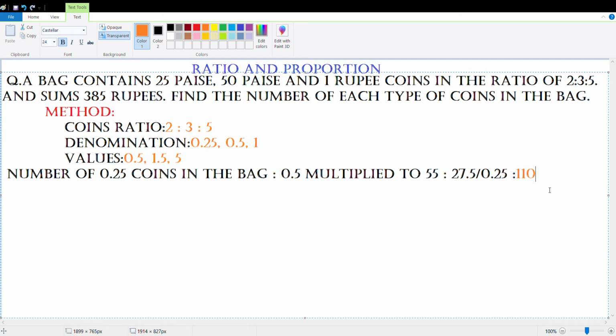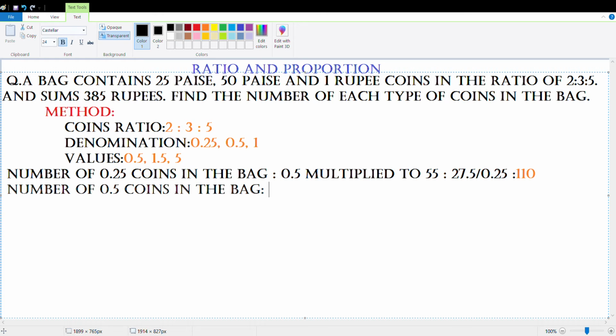Now let's go into the next step. Let's try to calculate the number of 0.5 coins in the bag. Now we solve.